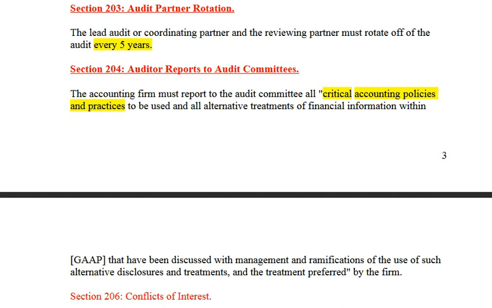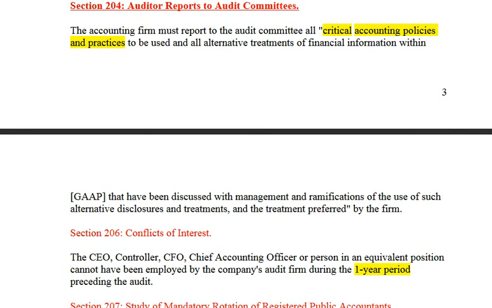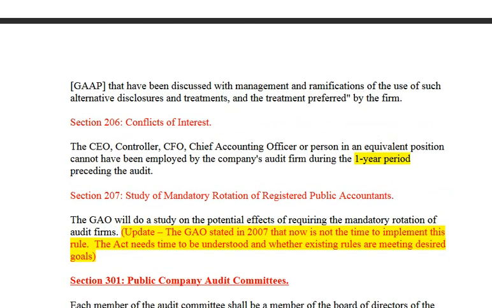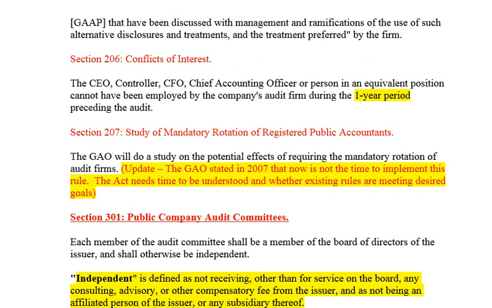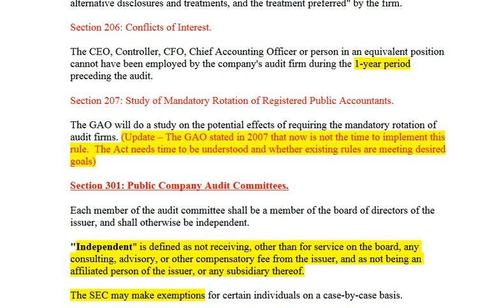The accounting firm must report to the audit committee on critical accounting policy and practices to be used and alternative treatment of financial information within GAAP that have been discussed with management, and ramifications of the use of such alternative disclosure and treatment, and the treatment preferred by the firm.